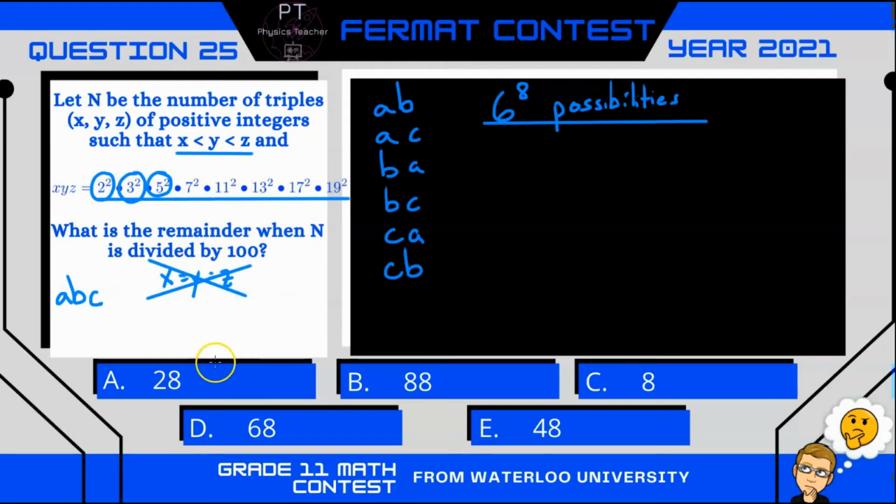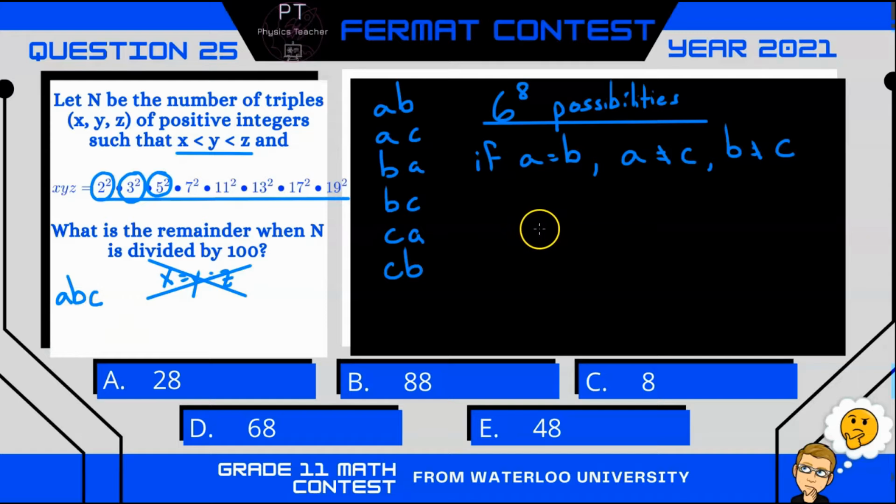But what I want to check is all the possibilities where 2 of these values could be the same. So, for example, let's say A equals B. And since A equals B, we do not want A to be equal to C, and we do not want B to be equal to C. So this is one case where 2 of these values will be equal, but not all 3.